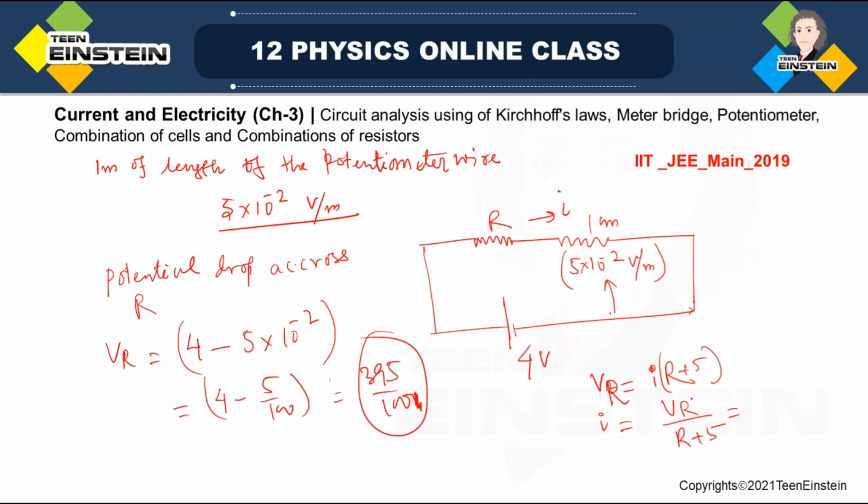Now we know this is R plus 5, and this is the current.